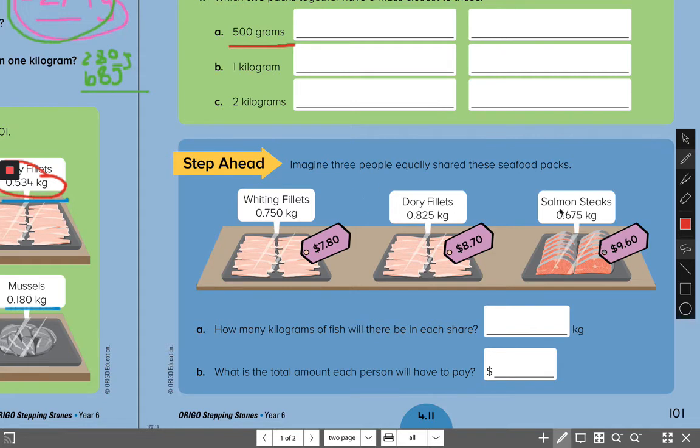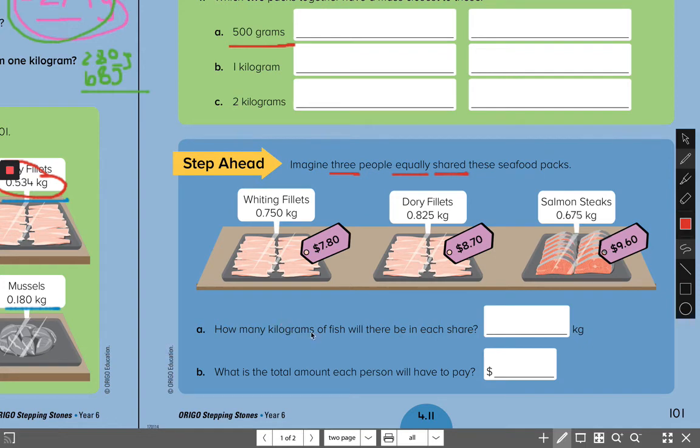So the key words here are 3 and equally and share, which means we'll have to divide each value by 3. Well, first of all, it looks like we have to add the values together, which is going to be quite a big task for us today.